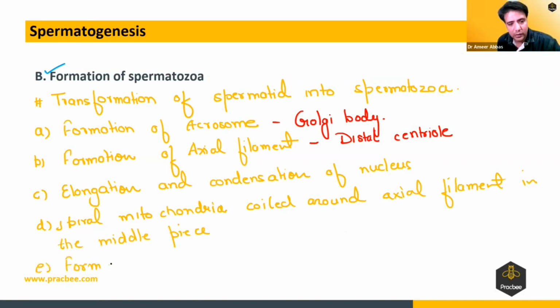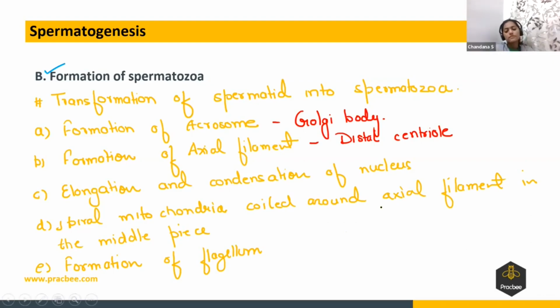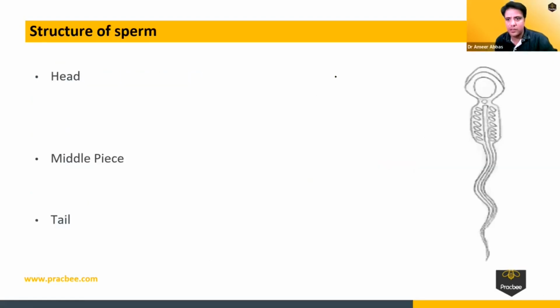And lastly, formation of flagellum. When all these things complete, we can say it is the spermatozoa. Let us see the structure of sperm.